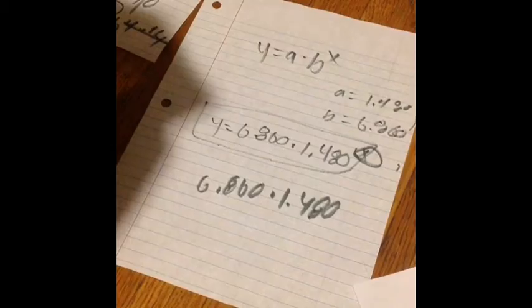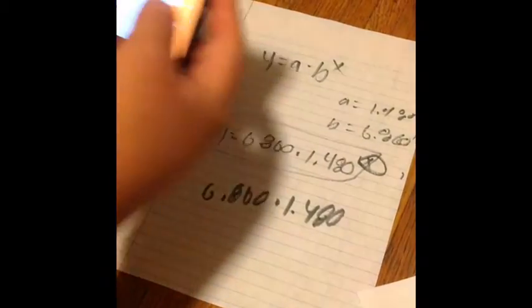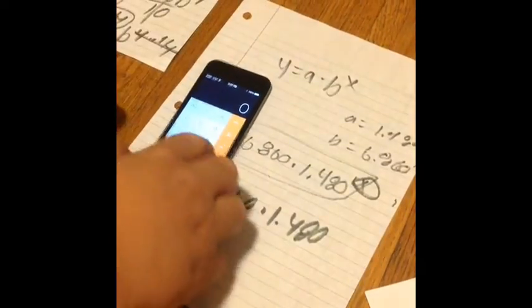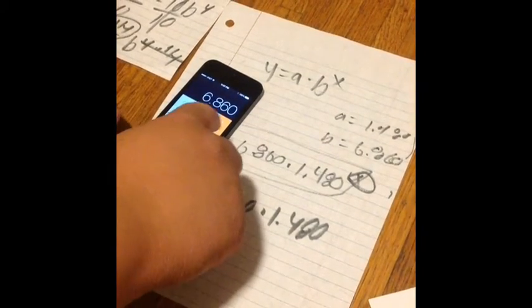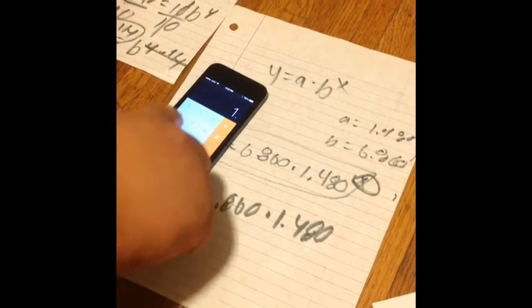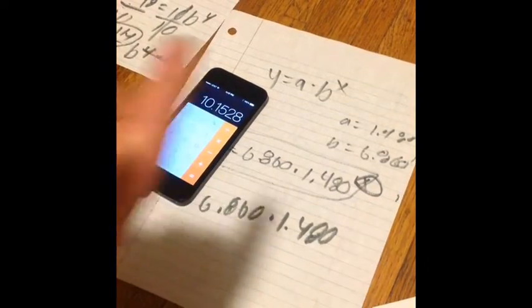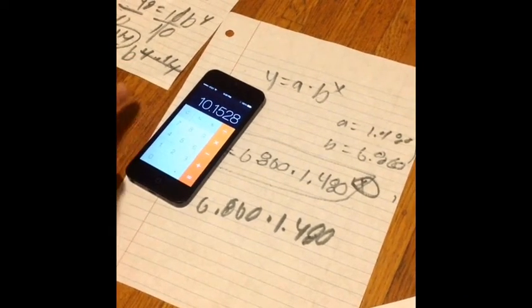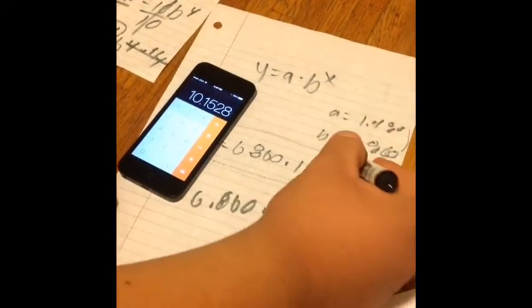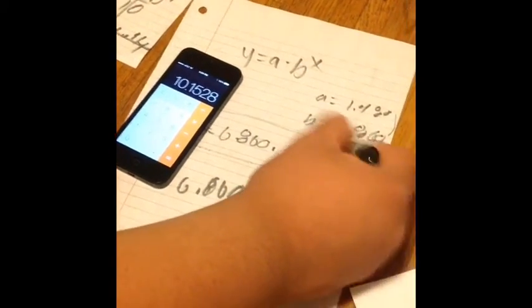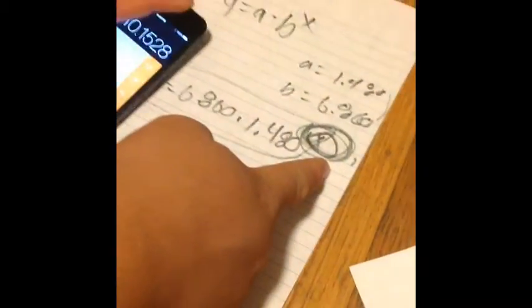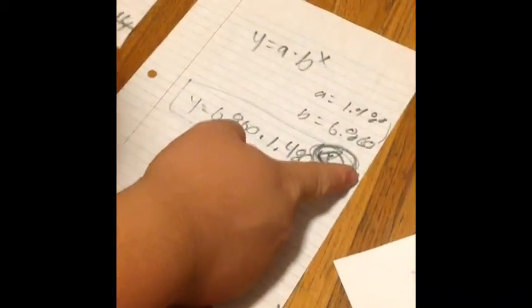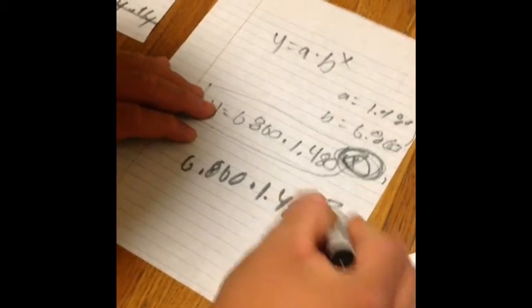That's what I do sometimes for me. What you do is you multiply 6.860 times 1.480, and it gives you that. But don't think you're finished because you still have to do the power of this. So you put that to the power of 2.